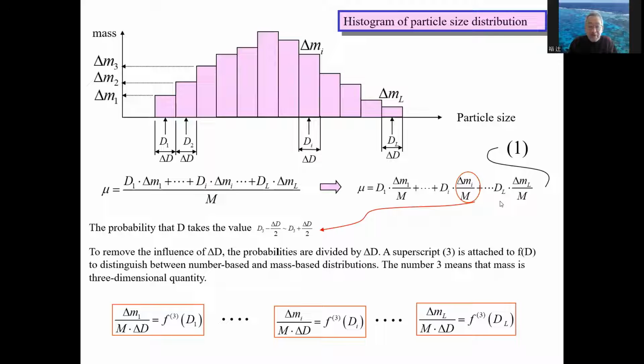To remove the influence of delta d, the probability is divided by delta d, and the probability densities fd1, fdi, fdl are defined as shown in the bottom row. This logic is the same as for the case of number-based distribution. The superscript 3 is attached to fd to show its mass-based distribution. The number 3 is because mass is a three-dimensional quantity.